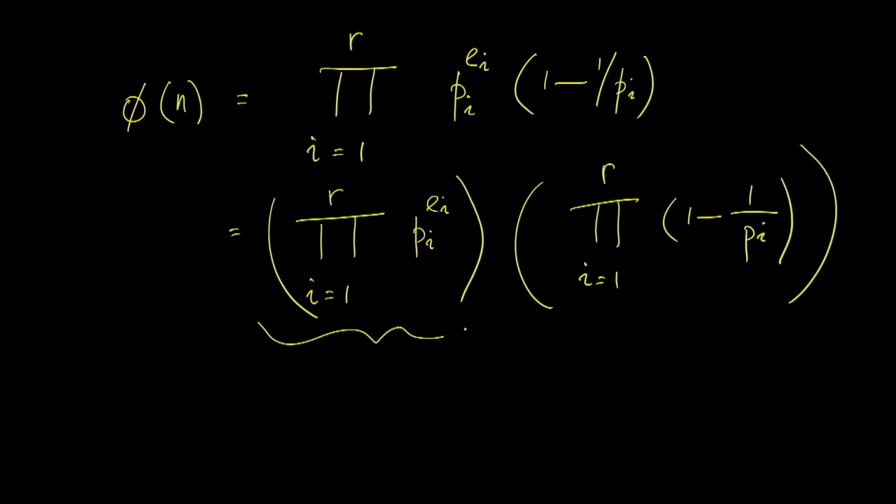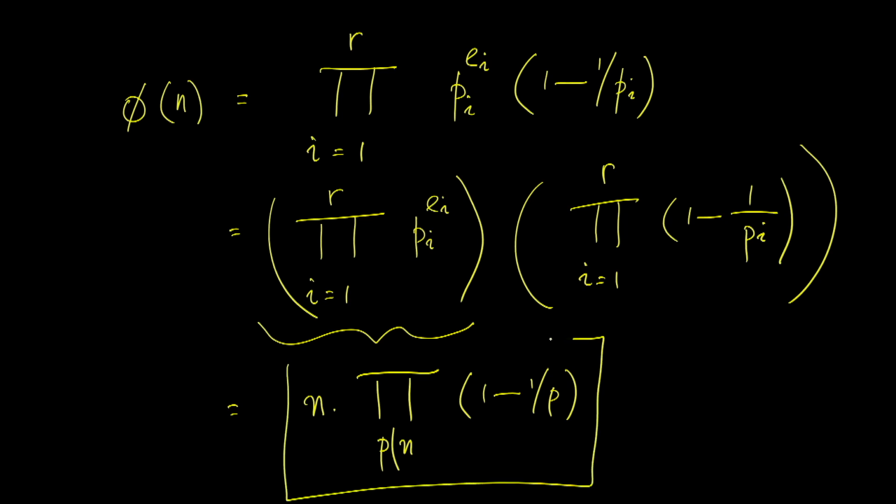But the quantity within the first brackets is nothing but n. So, this is n multiplied by the product over i varying from 1 to r of 1 minus 1 by pi, which means this product is actually over all prime numbers that divide n. For each such prime number, 1 minus 1 by p has to be multiplied together. So, this product is what phi of n is.